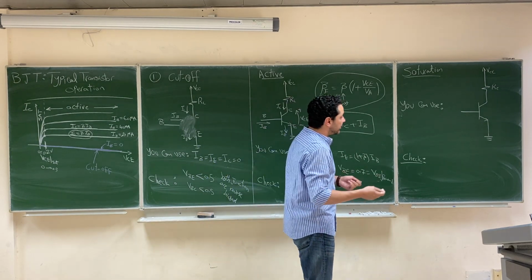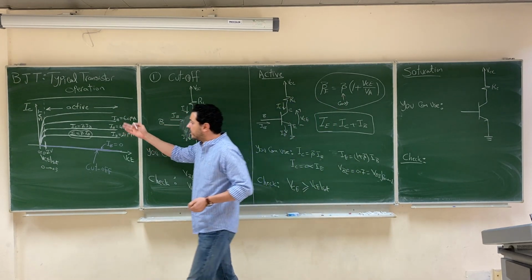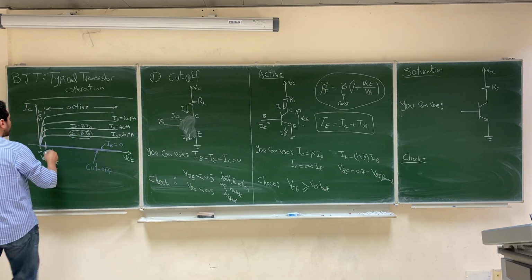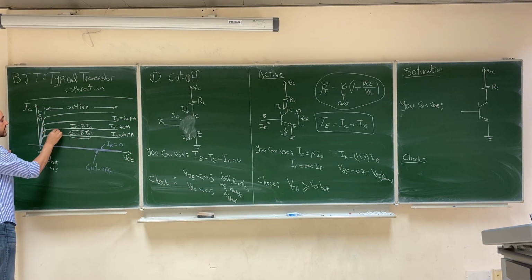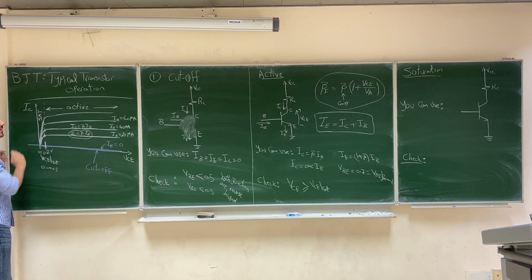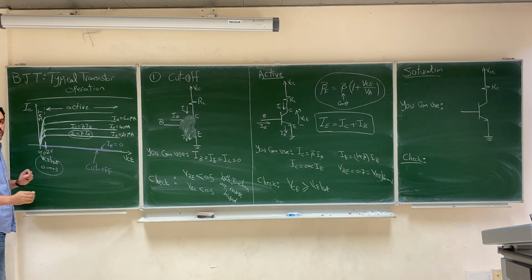In the saturation, as you see from the curve here, IC starts to decrease below beta I base. So here in the active, IC was beta I base. Here, IC will start to be less than beta I base. Also in the saturation, we know that VCE will be something in the range between 0 and 0.3.